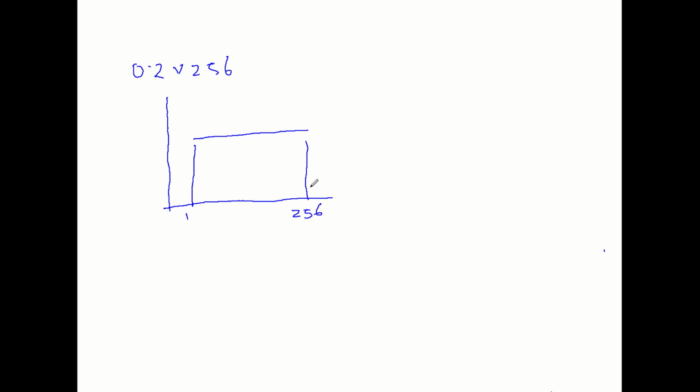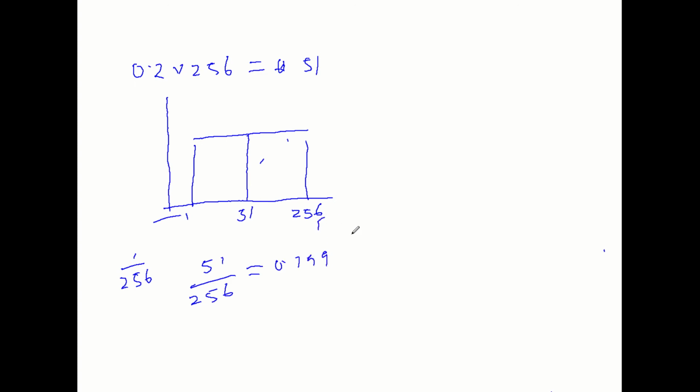Now suppose the probability of getting the first one is 1 by 256. This is giving us around 51. So if I look at numbers up to 51, the probability of getting one is 51 by 256, which is approximately 0.2, or you can say 20%.